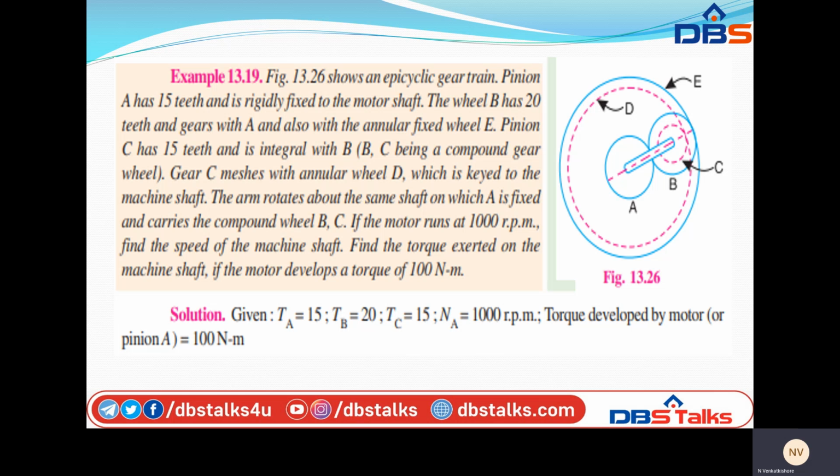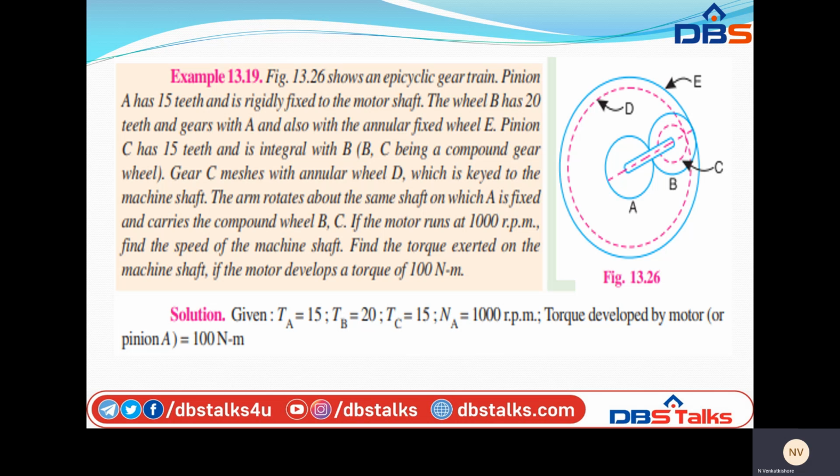The arm is rotating about the same axis as shaft A, which is fixed, and carries the compound wheel B and C. If the motor runs at 1000 rpm, find the speed of the machine shaft, and find the torque exerted on the machine shaft if the motor develops a torque of 100 Newton meter.